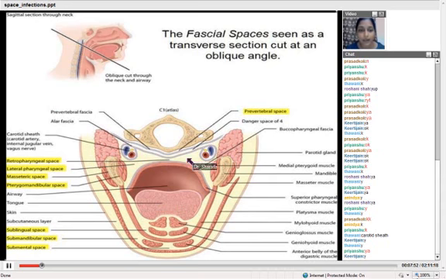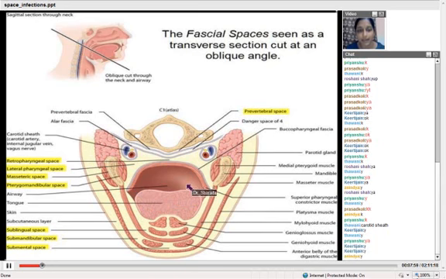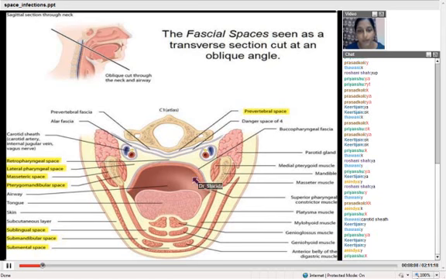Then you have your pharynx. See, this is the tongue, and behind this the pharynx is there. So you have the retropharyngeal space. You have the retropharyngeal, buccopharyngeal fascia, and the retropharyngeal space here behind the pharynx.